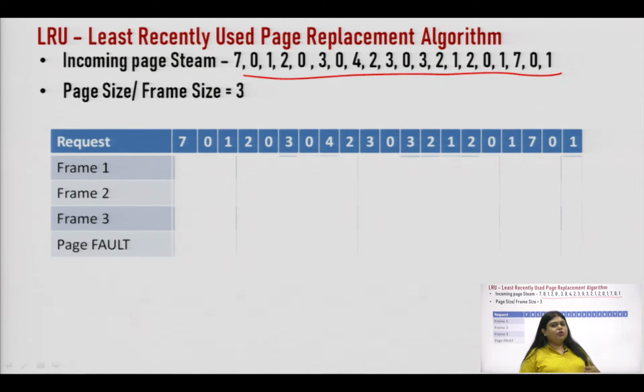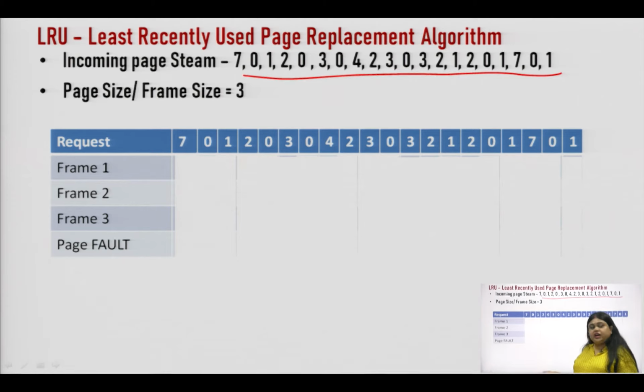We look at the background. We look back at which pages were recently used, and we retain the pages which were recently used, and we will remove that page which was not recently used, right. It will be more clear with the example.